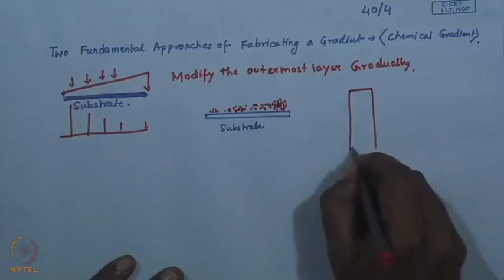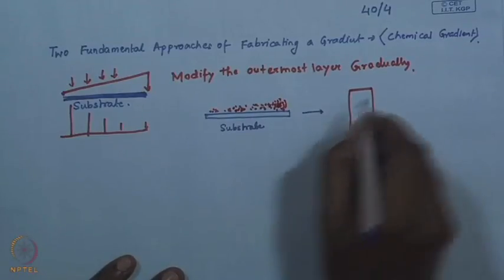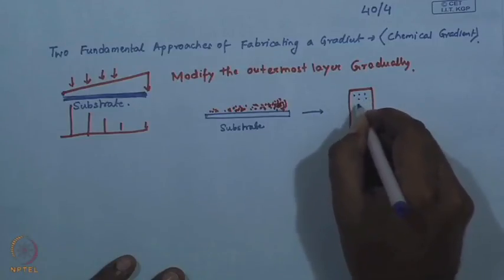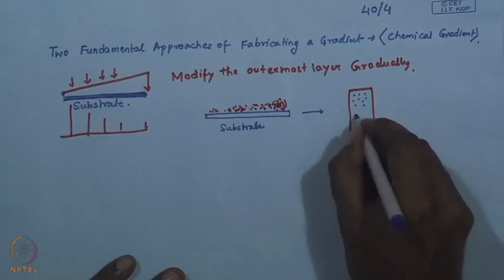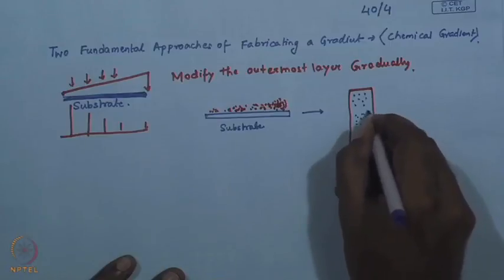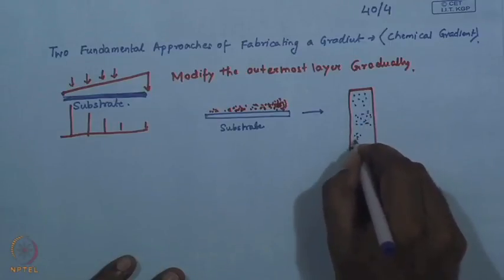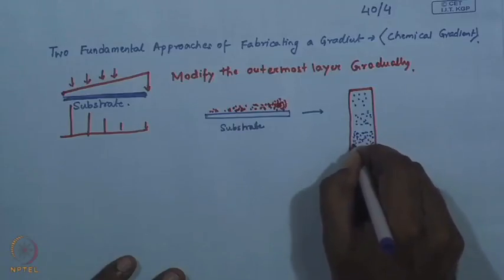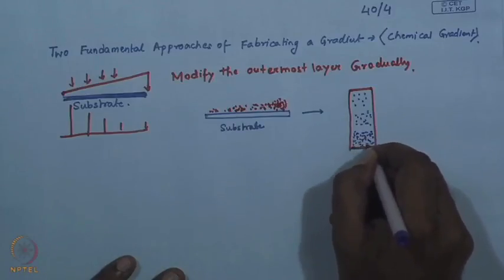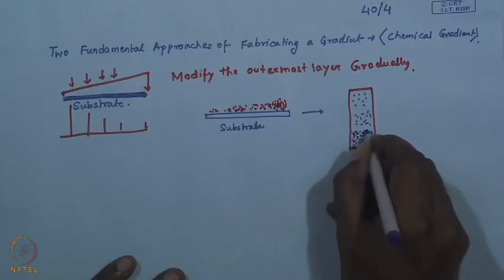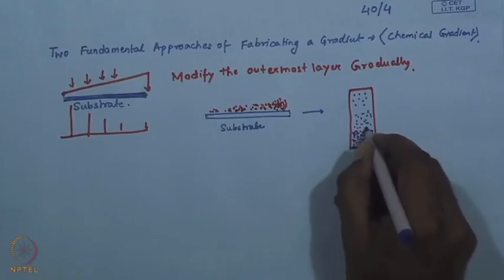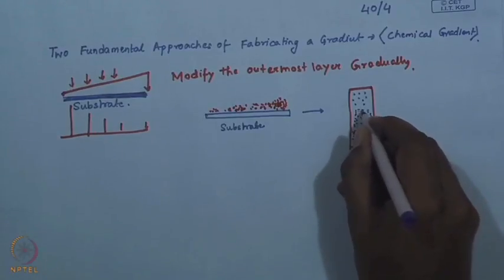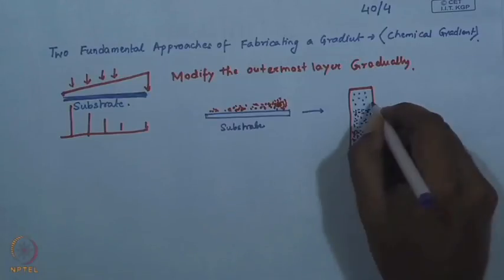So, let us talk about this concept again a little bit. Here, let us say over this zone, this is the extent of coverage with the SAM molecules. Here it is covered more, and here it is completely covered. So, let us say the SAM molecules are hydrophobic in nature, we understand. Refer to our lectures on micro contact printing, where we talked about the nature of these silane or the thiol molecules.